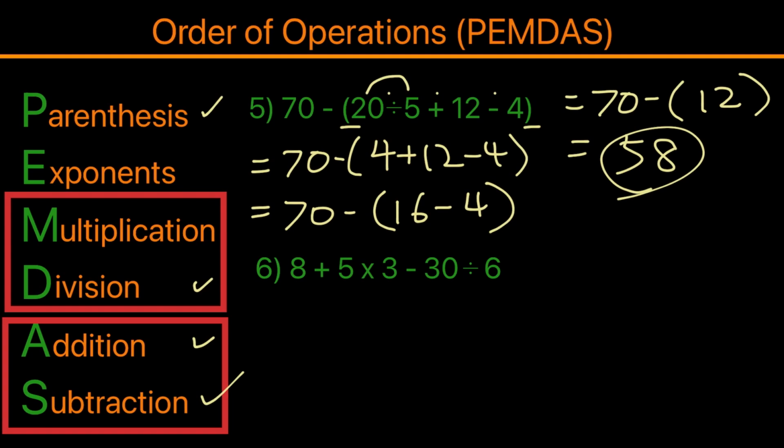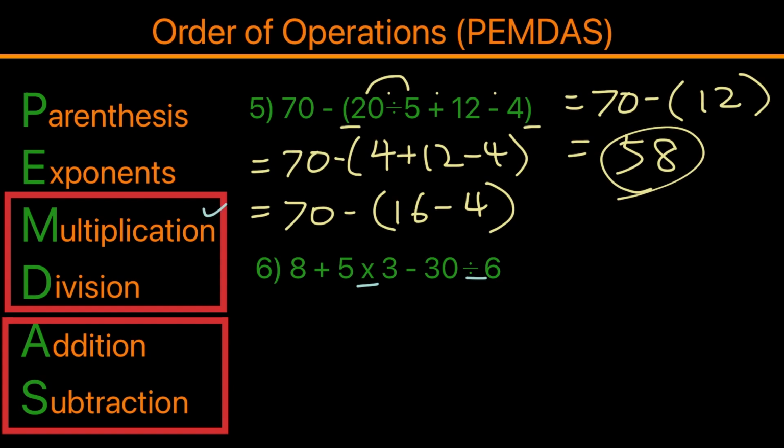Now moving on to example 6. From this equation, we don't have any parentheses. So we're going to see which one should go first. And now we see multiplication and division. So we know these two have to be done first.